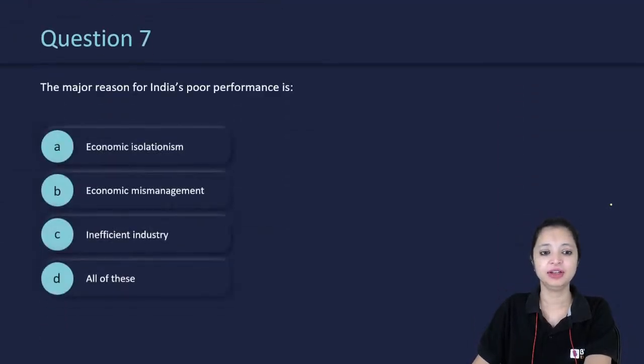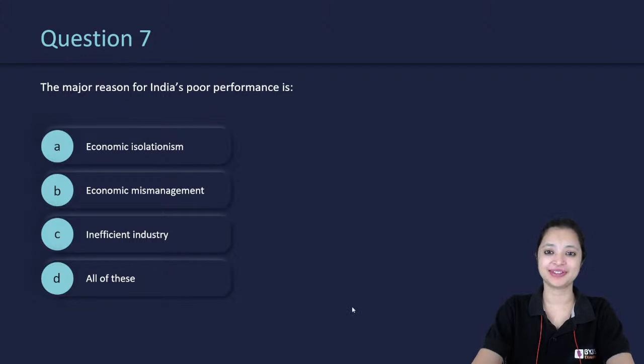Question number 7. The major reason for India's poor performance. What's the correct answer here? Major reason for a poor performance. What should the answer be?